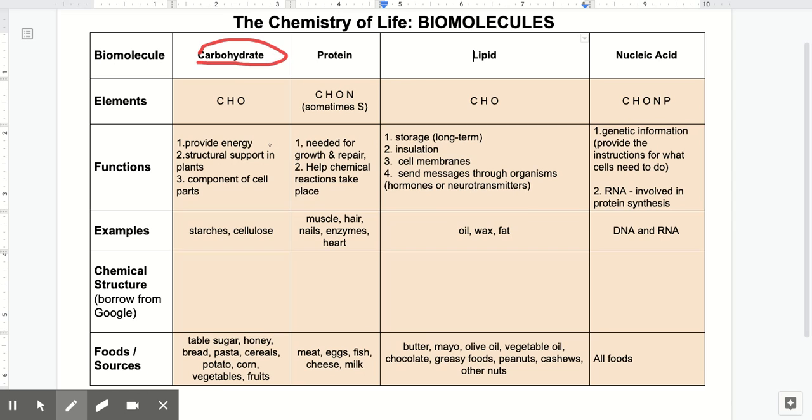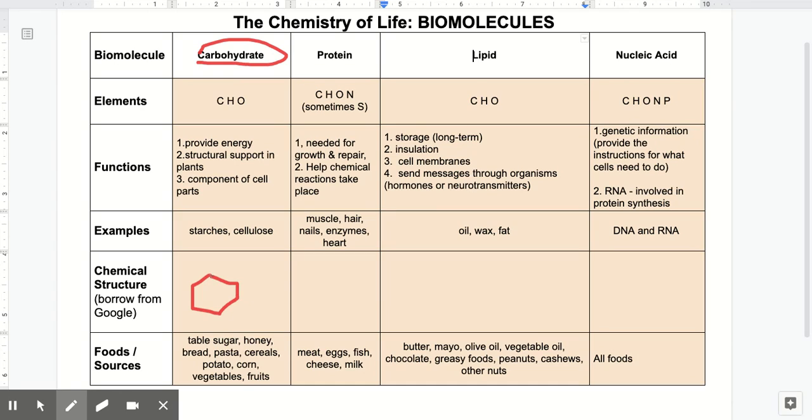You could also say glucose, fructose, sucrose. Any of those would be perfectly acceptable. In terms of chemical structure, you could put a lot of different things here in terms of images from Google. What I would make sure you understand is that carbohydrates make rings of carbon, hydrogen, and oxygen.